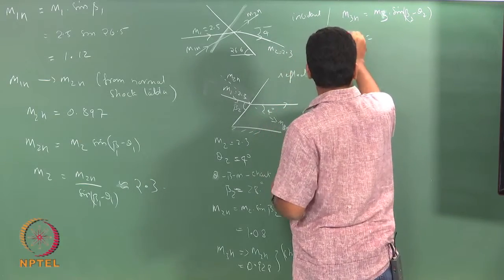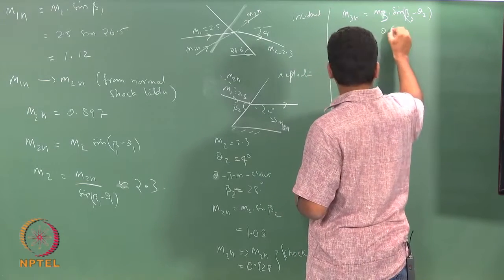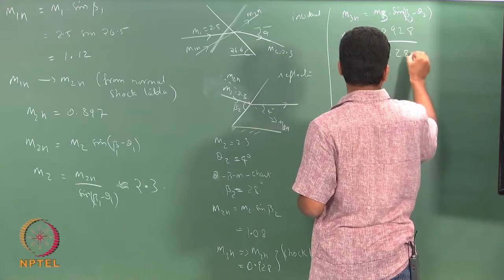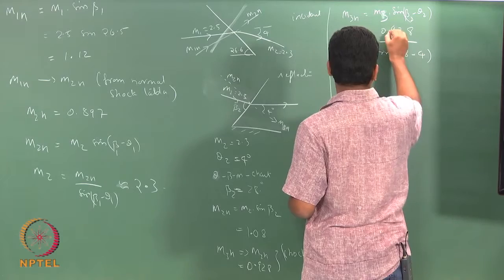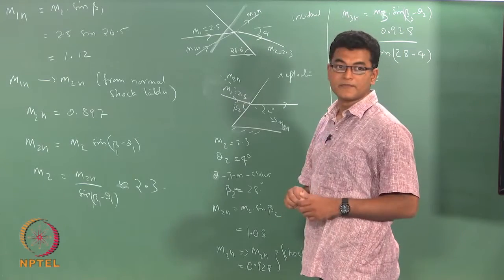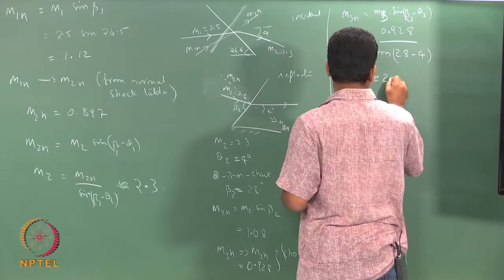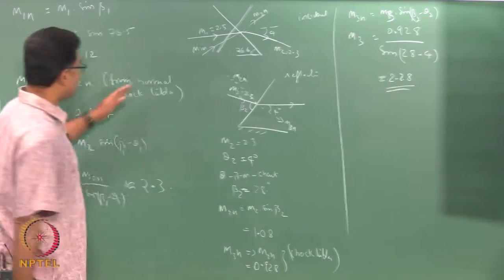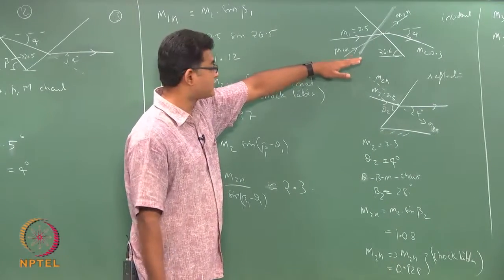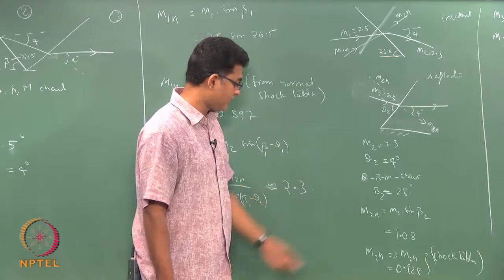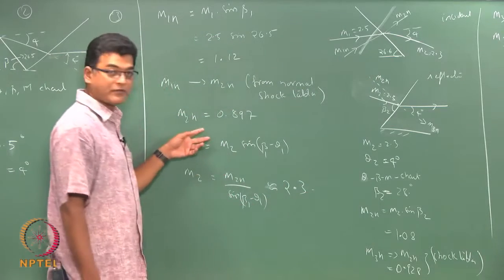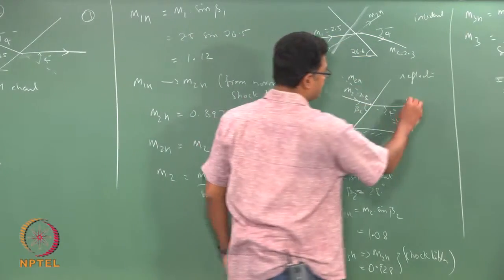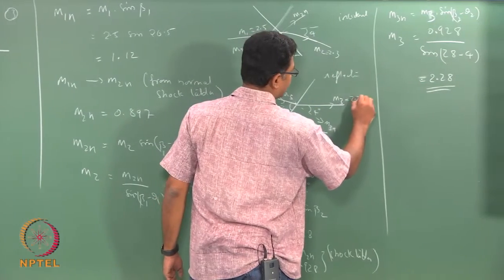So, my M3 is 0.928 divided by sin of 28 degrees minus 4 degrees. So, this would be 2.28, all taking the weak shock solution. Okay. So, this beta and beta 1 are from the weak solution. So, I have a reflected angle, and then this M3 is 2.28.